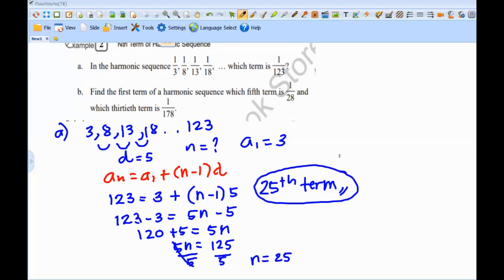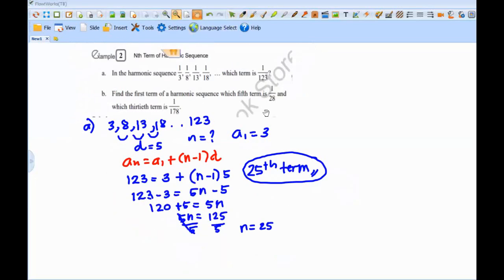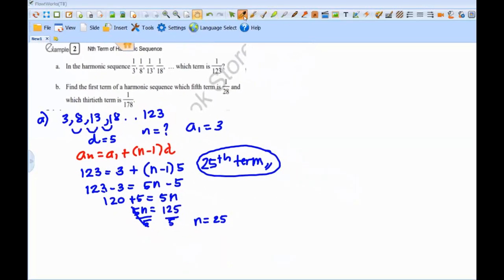Okay? So next, on letter B, find the first term of the harmonic sequence, in which the fifth term is 1 over 28 and the 30th term is 1 over 178. So let's go to letter B. We are looking for the first term, a sub 1.